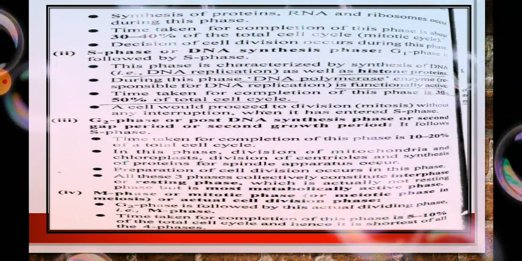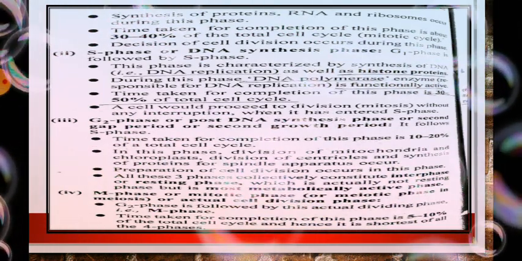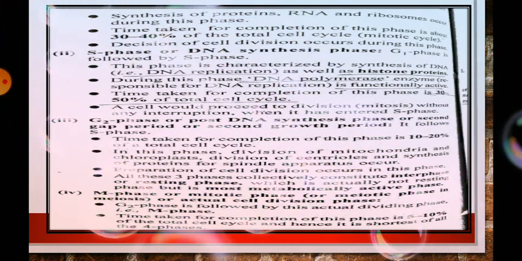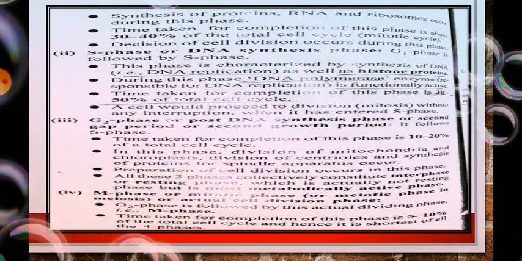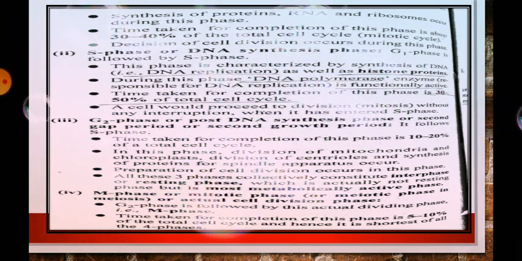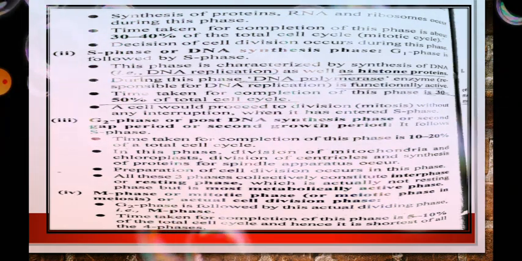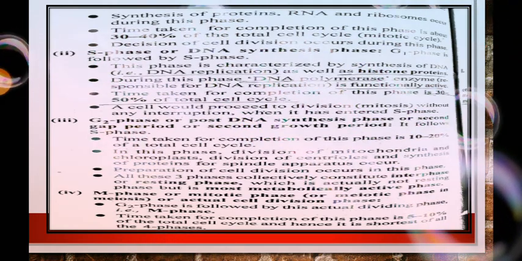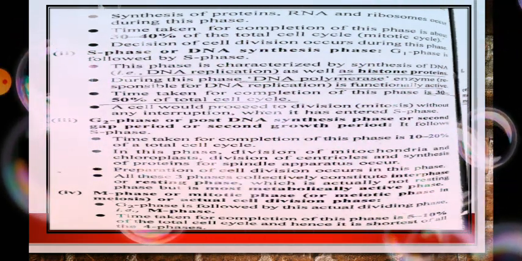Then we come to the G2 phase, or the post DNA synthesis phase, or the second gap period, or the second growth period. It comes after the S phase. That's why it is known as the post DNA synthesis phase or the second gap period, because G1 is the first gap period and G2 is the second gap period or the second growth period.